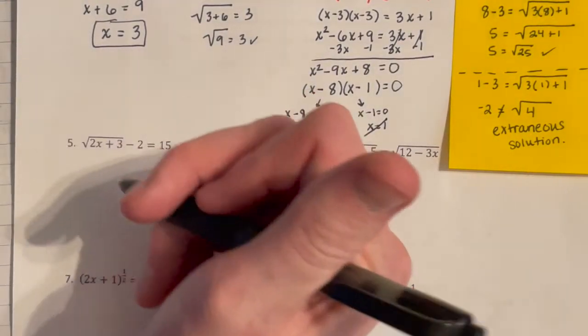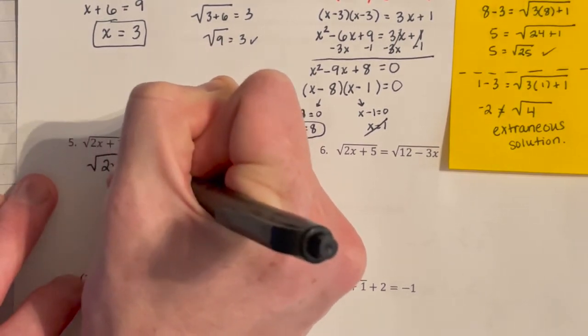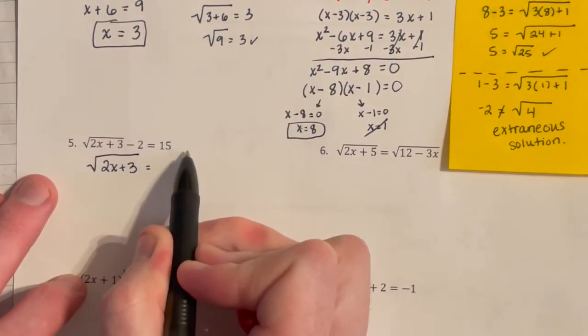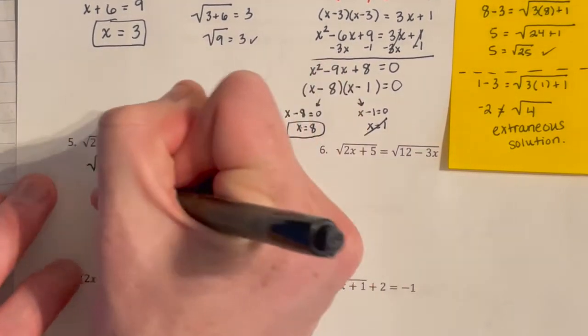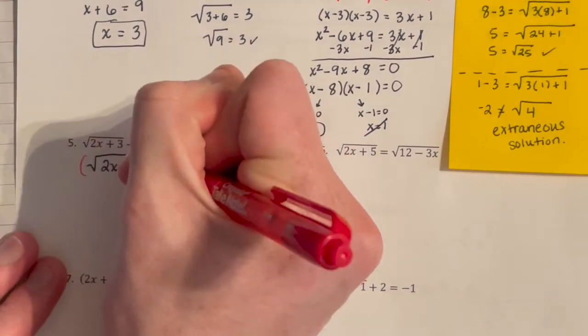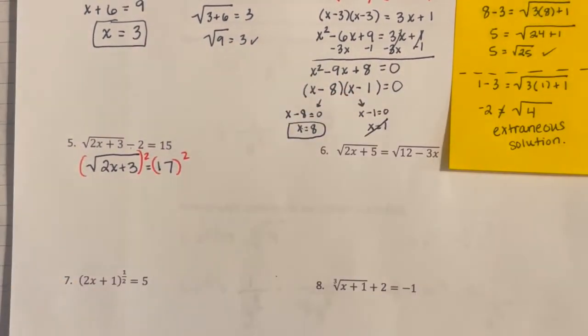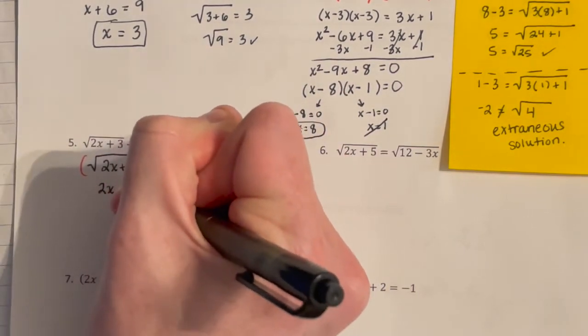All right, if you did number 5 already, you would have isolated your radical. So I would get that 2 to the other side. So to undo minus 2, I'd add 2 to get 17. Then I can square both sides. The square cancels out our square roots. That's 2x plus 3.